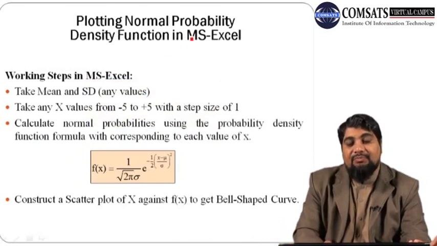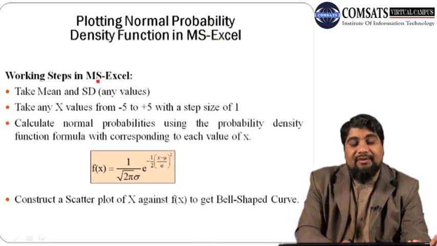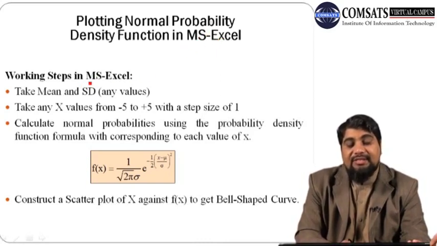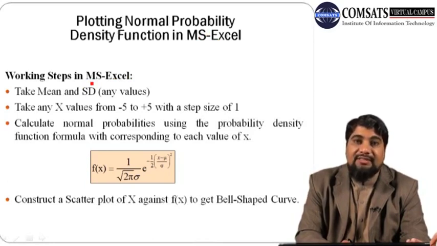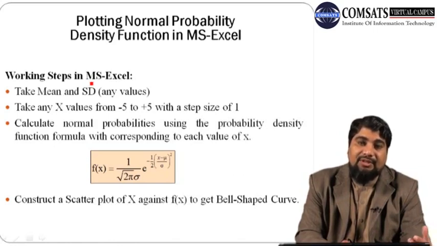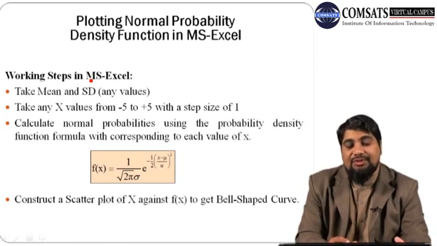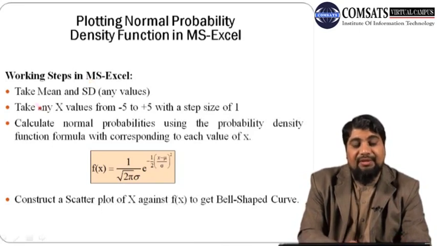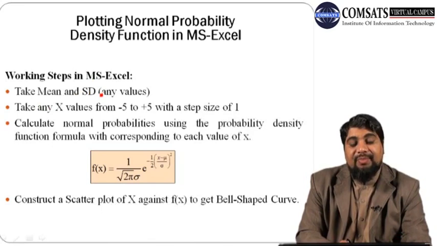So, plotting the normal probability density function in MS Excel. Let us discuss the working steps of plotting the normal probability density function in MS Excel, that is, how we can use the Microsoft Excel spreadsheet program to draw the bell-shaped curve, which is the density function of a normal distribution. So first take the mean and standard deviation.